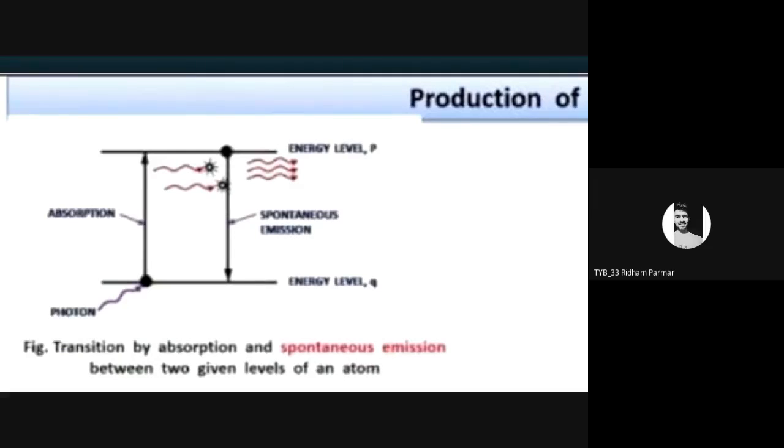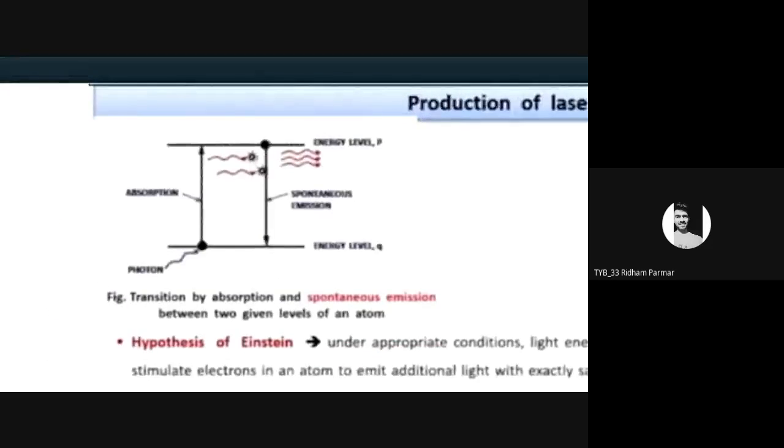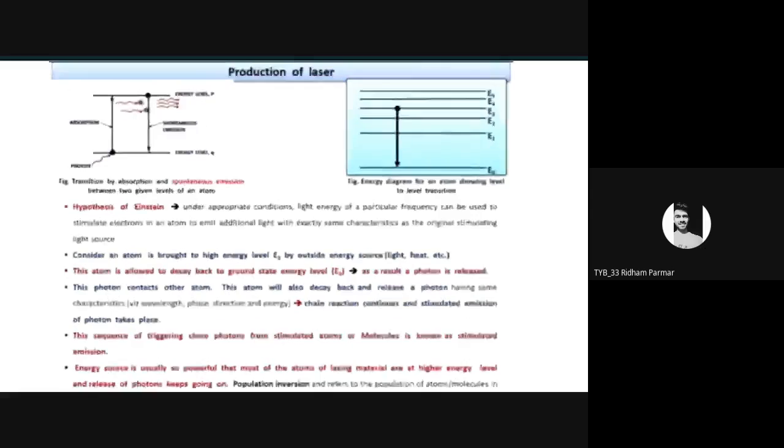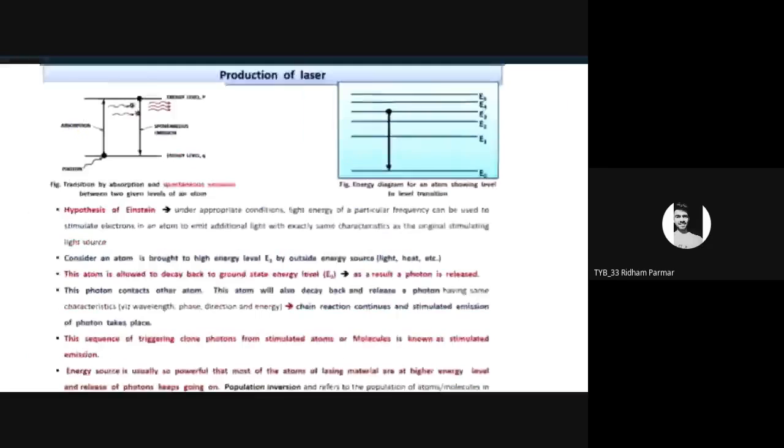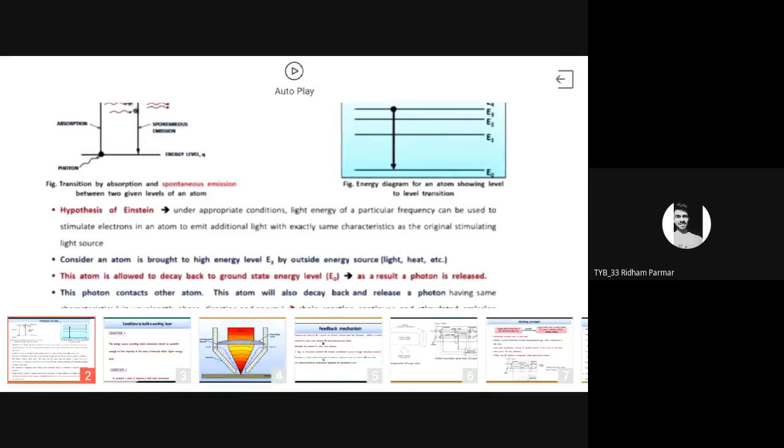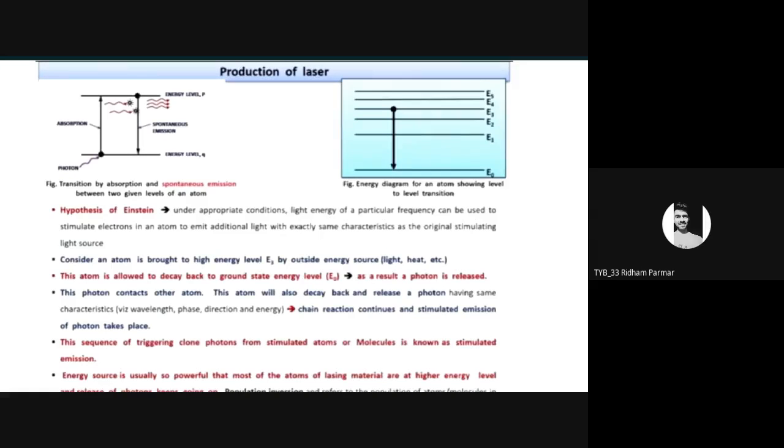You can see the arrow also. Actually, through this mobile I'm not able to highlight, so please consider highlighting happening. So at the start, the atom at energy level Q absorbs the energy from the photon, then it goes to the higher level, that is P energy level. But it will not stay for a long time at that higher level. It will immediately come back to its energy level Q.